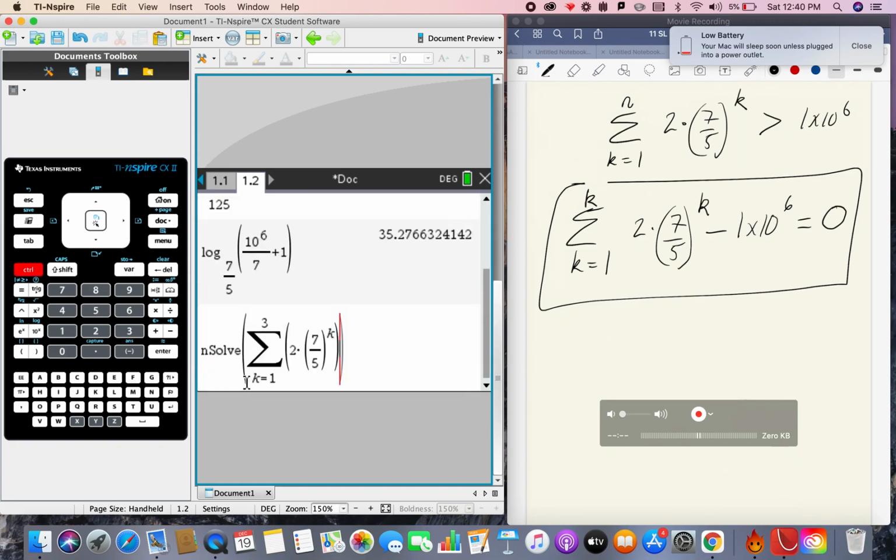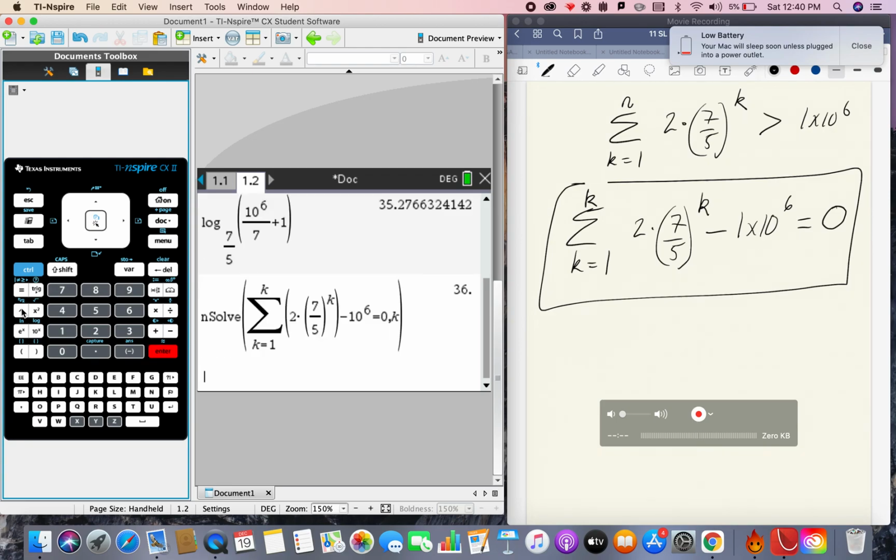All right then, so I want k equals 1 up to k, 2 digit there. Okay, that looks good. And then I need to subtract 1 times 10 to the exponent of 6, and then equals 0. So I've got the equation equals 0. Now I need to solve, comma, for variable k. Let's see if this would like to work.